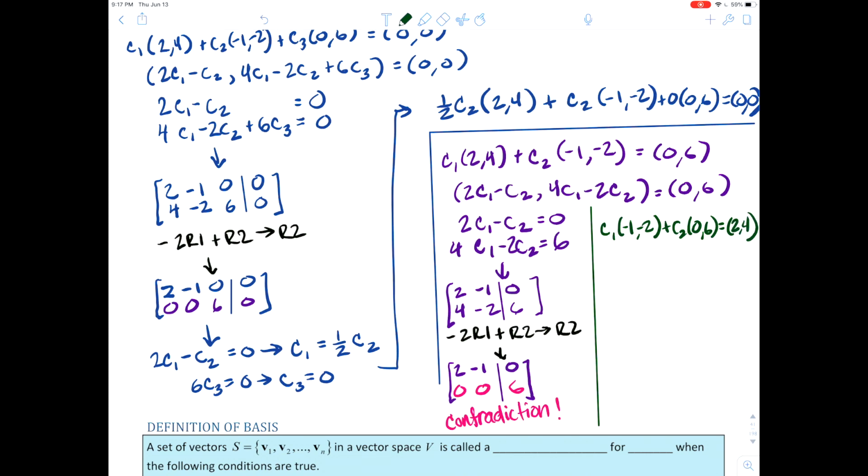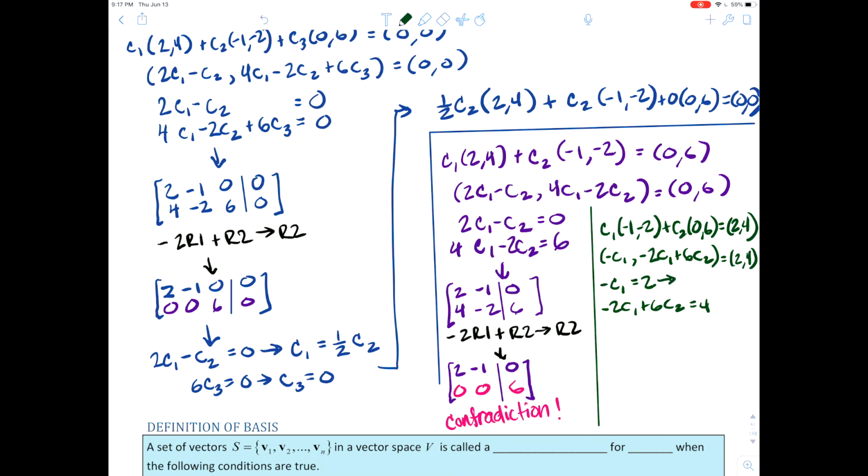That's going to give us the vector -C1 for our first component, and then -2C1 plus 6C2 for the second component, and that'll equal 2, 4. This gives us our system: -C1 is 2, and then -2C1 plus 6C2 is 4.